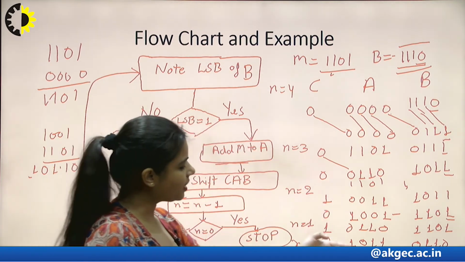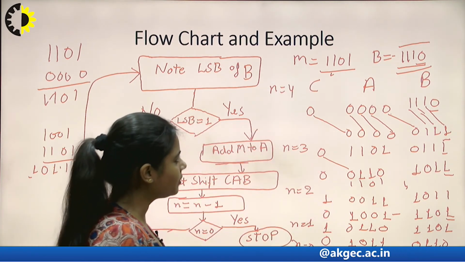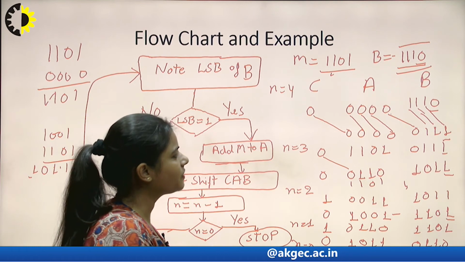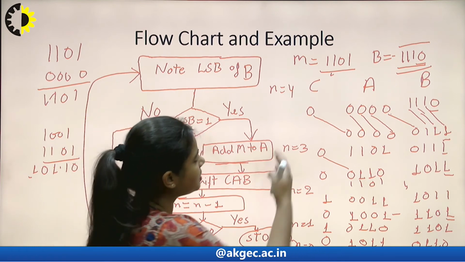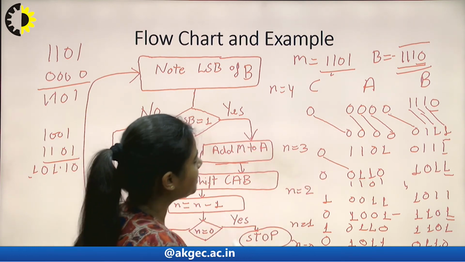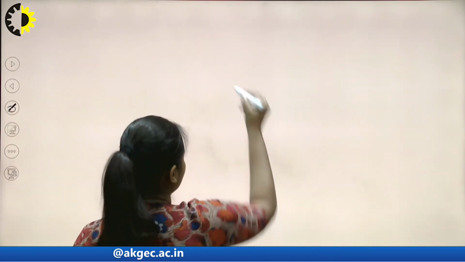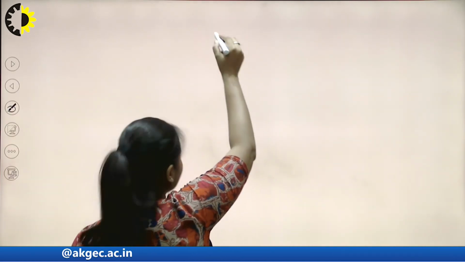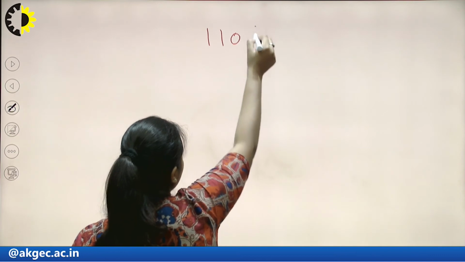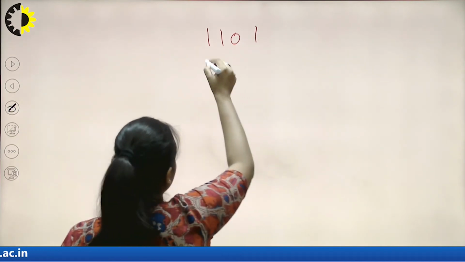Earlier I told you that let's do this same calculation with our basic method. So we were having the value of M as 1101 and 111.